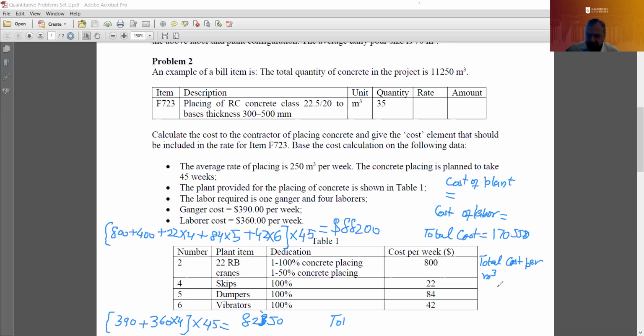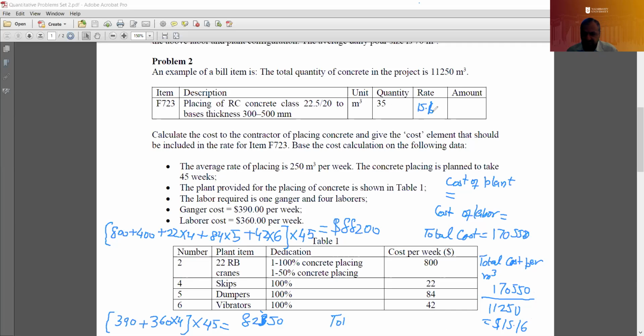And the total concreting is 11,250 cubic meter. So 170,550 divided by 11,250 will be $15.16 per cubic meter. So finally, in the bill of quantity table, the rate will be 15.16.